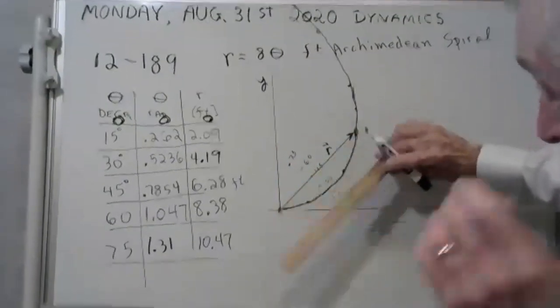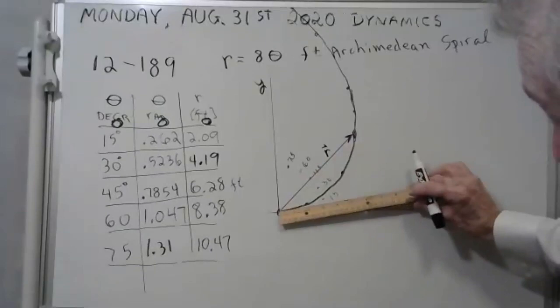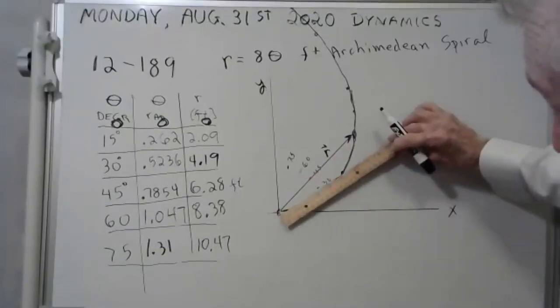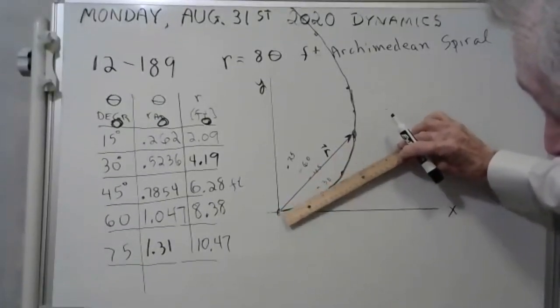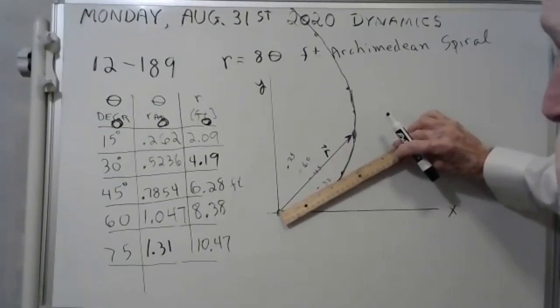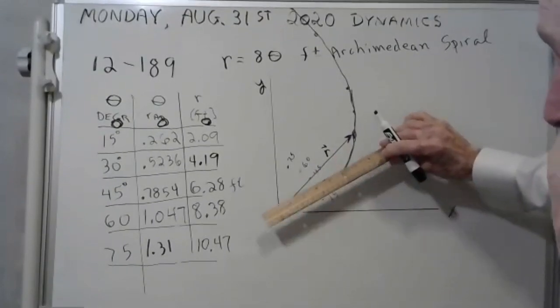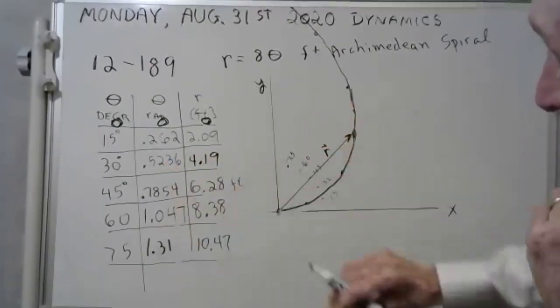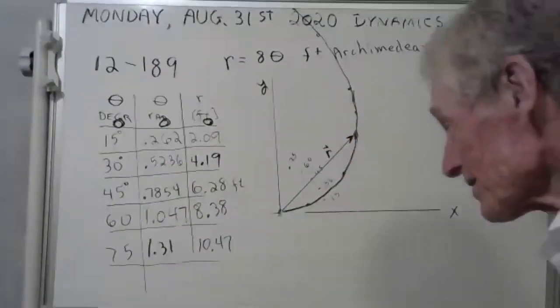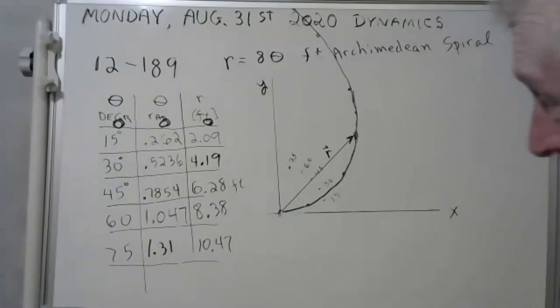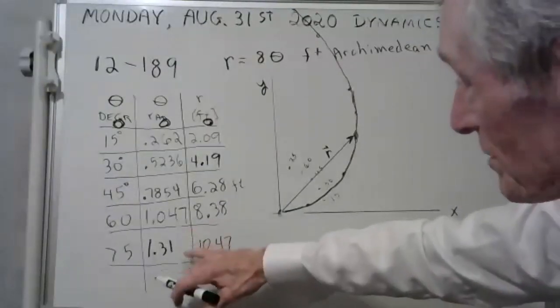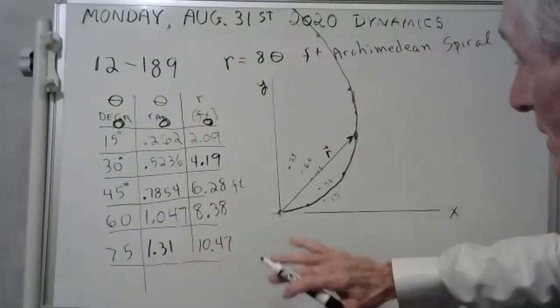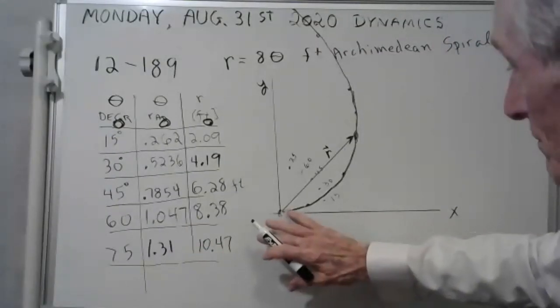Uh-oh. 2.09. What did I do wrong here, guys? You know what? I think I put those numbers in. Oh, I got to start all over again. I think I was putting those numbers in. It's all wrong.